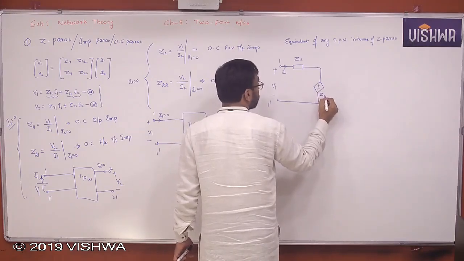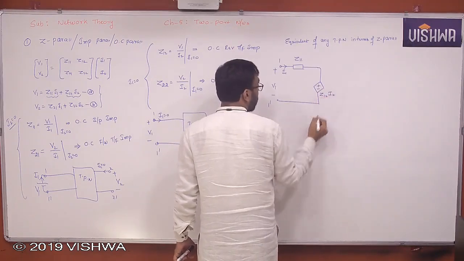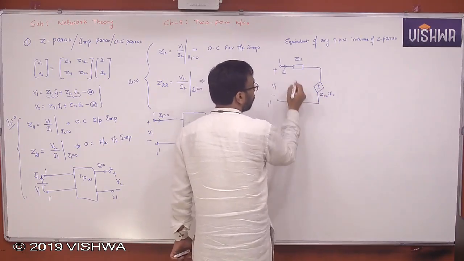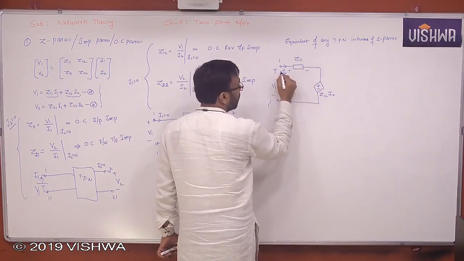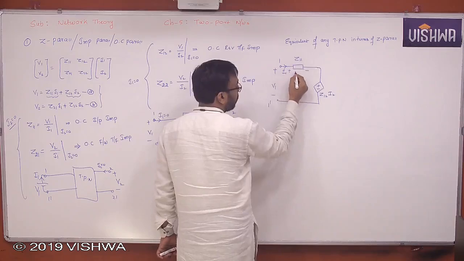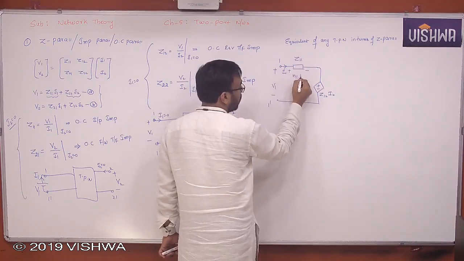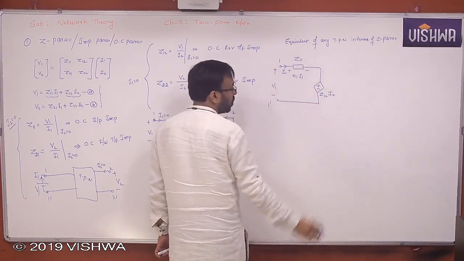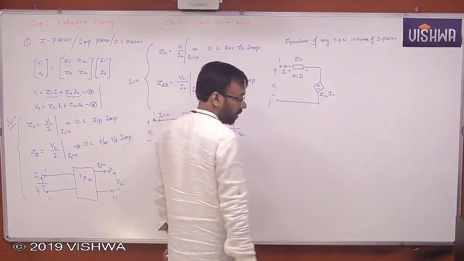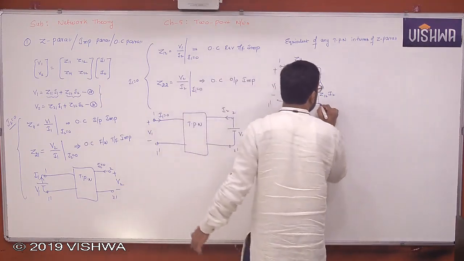I have no other option. So what is happening here now? This is plus minus polarities with a current direction. Z11 into I1 plus Z12 I2 will be giving you V1. So first equation got satisfied.